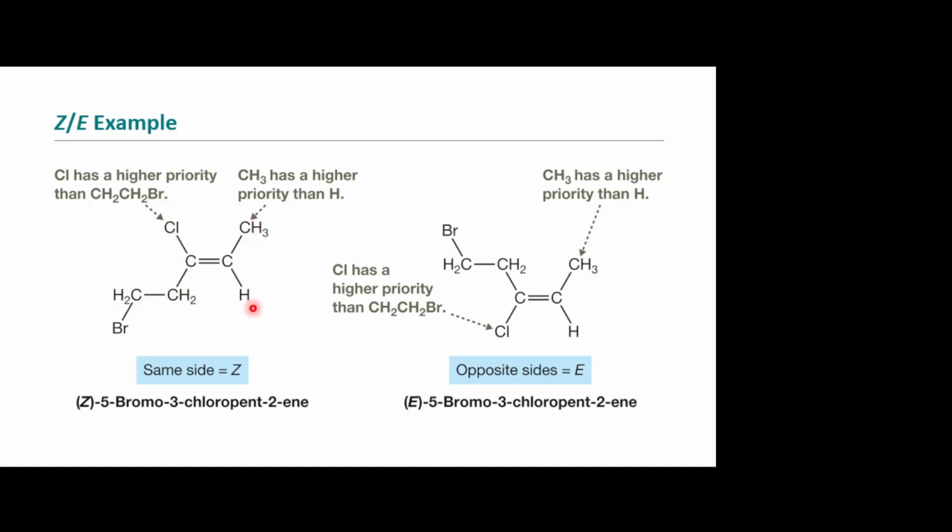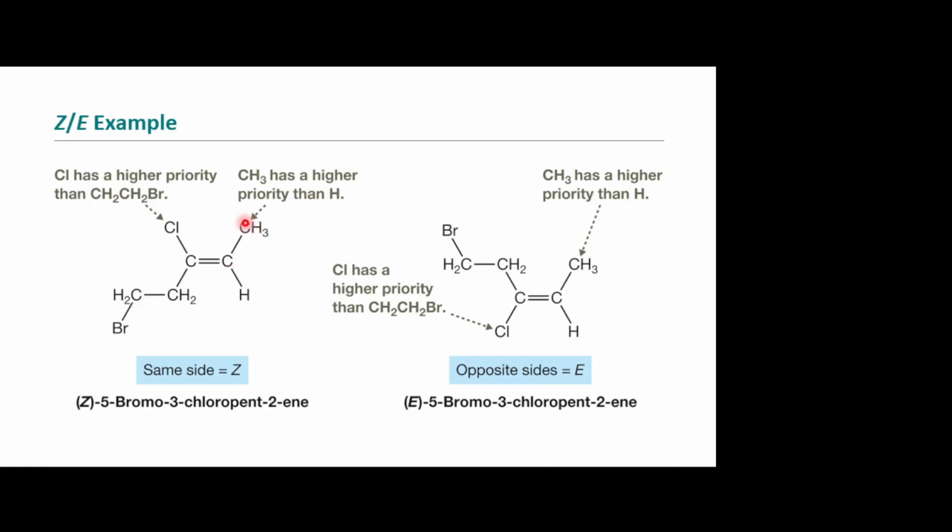Over here, what is the highest priority? The chlorine. Chlorine is a higher mass than carbon. Remember, you do it round robin. So it's only the ones that are attached that you ever look at. So chlorine versus the carbon here, and the chlorine wins.